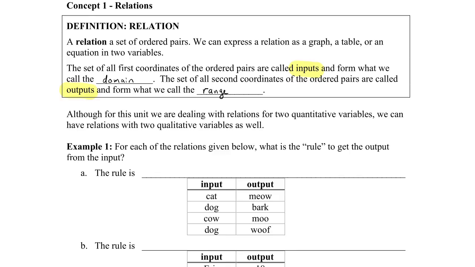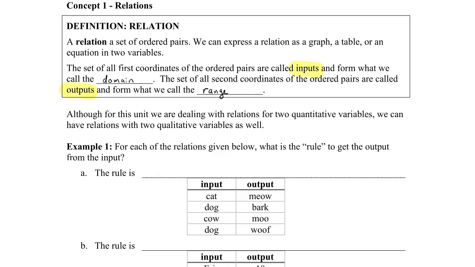So we think of a relation as taking an input from the domain and mapping that to an output from the range. We're mostly going to be interested in relations for two quantitative variables. So the input is a number, the output is also a number. However, we start with some kind of toy examples just to get an idea of what this is.